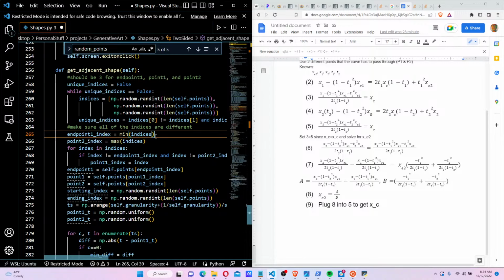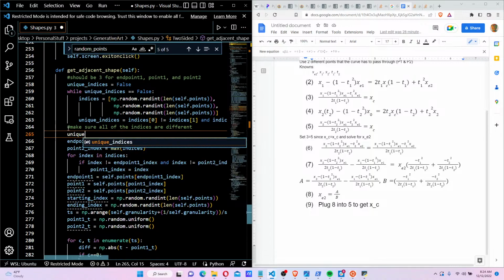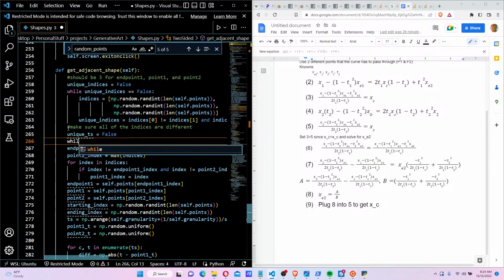So point, okay, so unique t's is equal to false, and then same thing, so just while unique t's is equal to false.